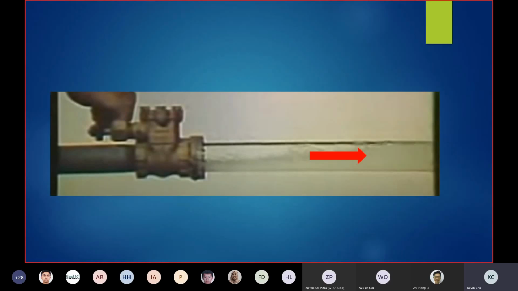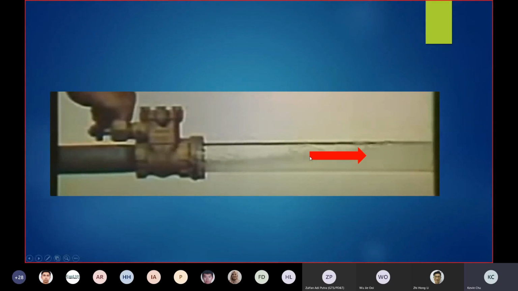When the valve is suddenly closed, the water bounces away from the valve body towards the right. This is because water is incompressible, so in order to conserve momentum, the water has to move in the reverse direction.